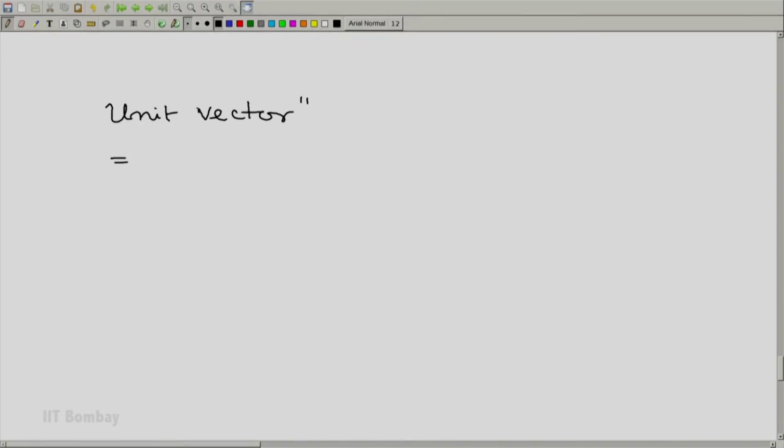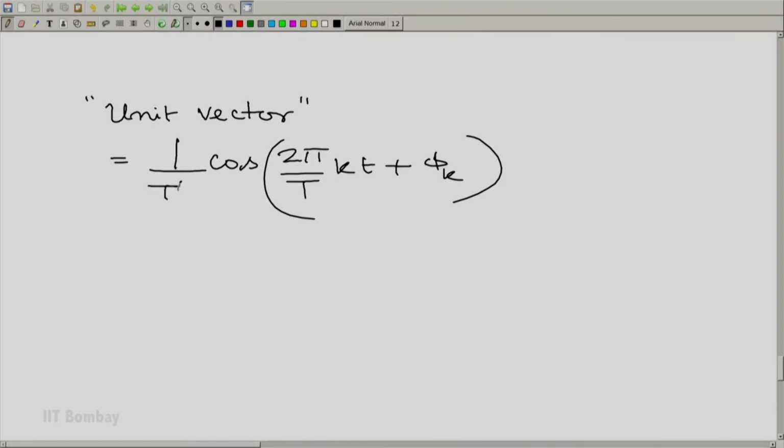I must emphasize unit here: cos 2 pi by T times kt plus phi k, divided by the square root of the squared magnitude, if you want to call it that.